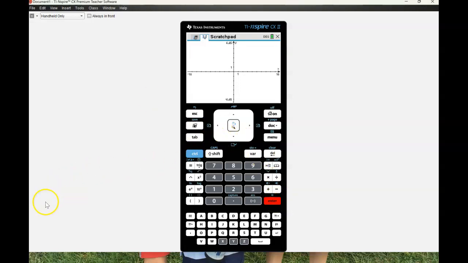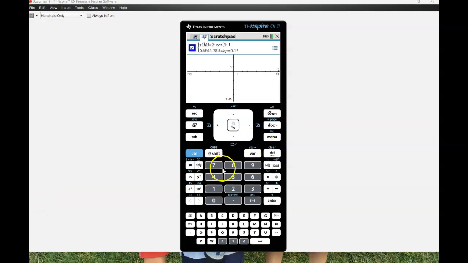What did I do? Oh, did I not put the x? Theta and put x. So if you go to the pi button, there is a theta in there. Except, oh, what's wrong? I'm in degrees, right? Oh, and I'm frozen. No, I'm not.